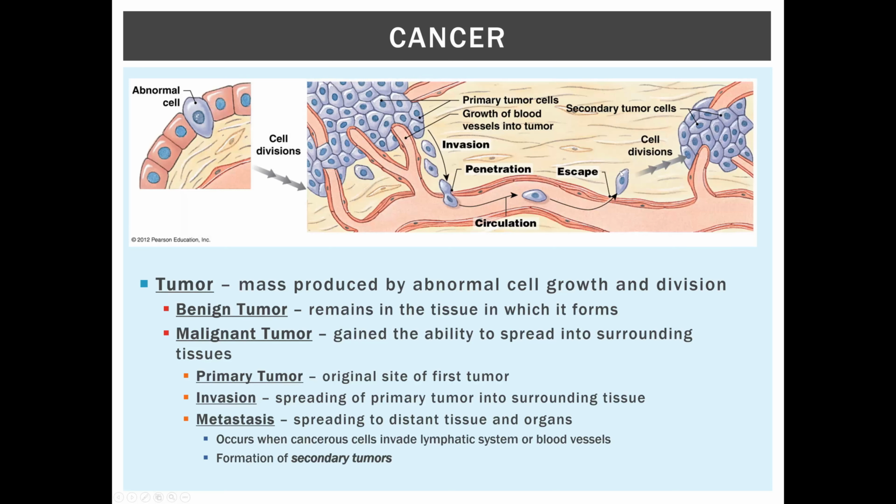And then it spreads to other areas of the body and starts growing there. And that's metastasis, when the cancer gains the ability to spread to distant tissues and organs. Again, this happens after the cancerous cells have invaded the lymphatic system or the blood vessels, and then you get the formation of secondary tumors, which people in the cancer industry call METs, because the cancer has metastasized.